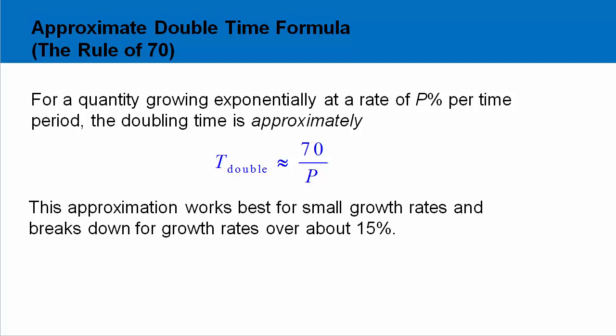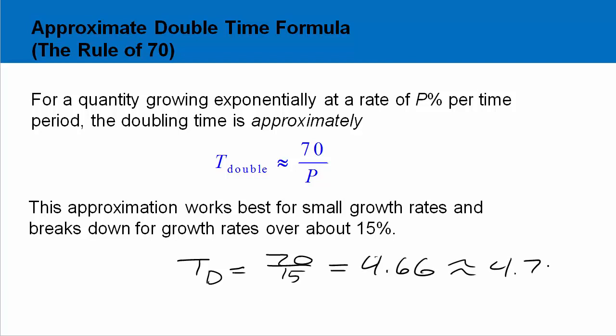So we can use that to find the approximate doubling time for something that's growing at 15%. And it would very easily be t double is 70 over that 15. And when you do the math, 4.6 repeating, or basically 4.7, depending on where you want to round.